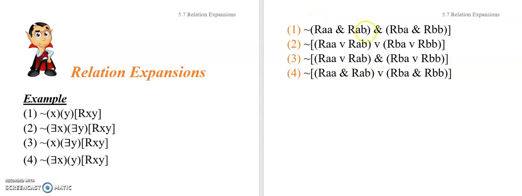It's going to be not this or not that. And then if you wanted, you could even De Morgan through each of these. Again, if you were to do that, you would end up with not this or not that, and then this is left alone.